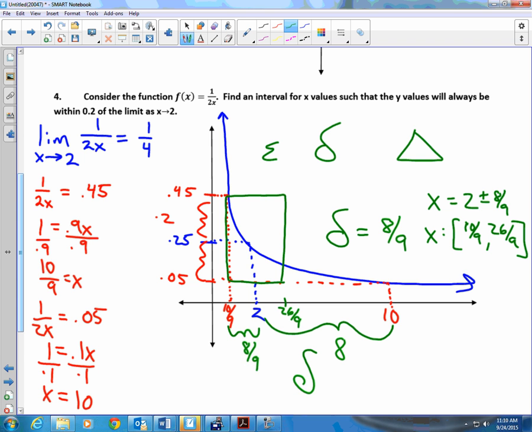These are all the same. I'm just going to have you choose delta to be 8/9. Always the smallest one. Your answer would be delta equals 8/9. I'm okay with you writing that so long as you understand there's 8/9 on both sides of 2. Does that make sense? You're 8/9 on both sides.